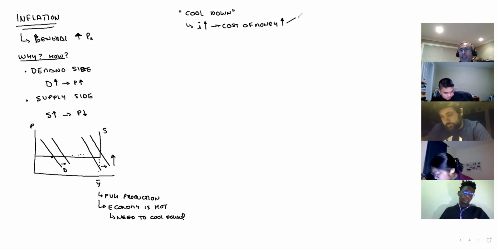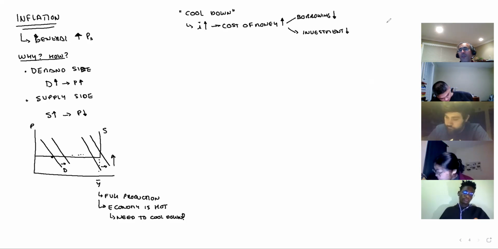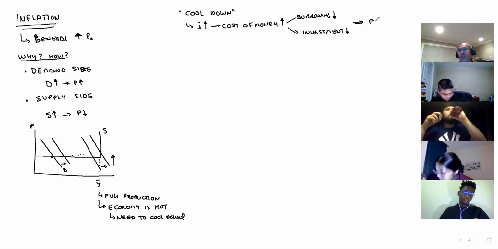So this implies that borrowing decreases, and borrowing also influences investments, which can also decrease. And so at the end of the day, prices are going to decrease.